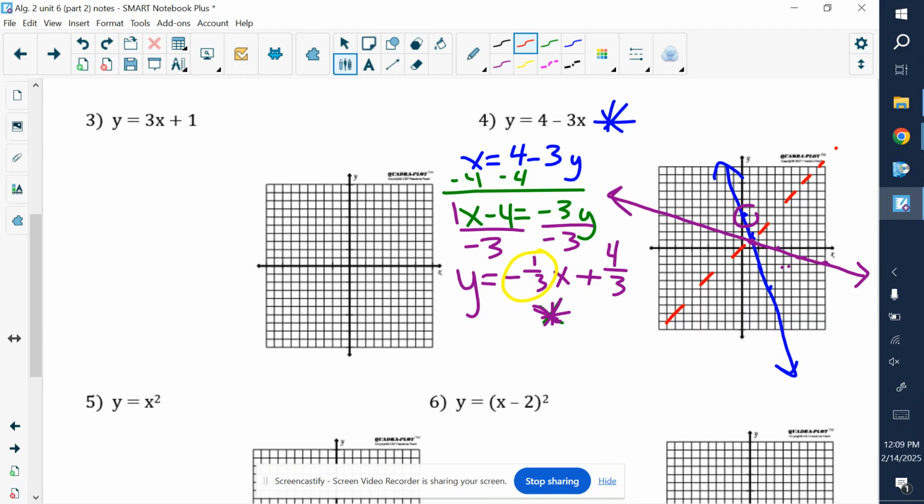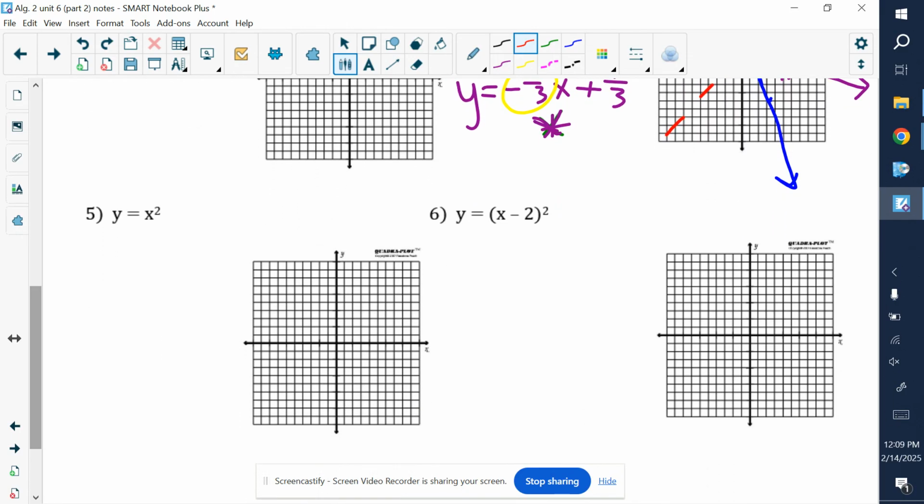The other one we're going to take a look at is number 6. What happens when your original graph is a parabola and you need to take the inverse of it? Okay, as you can recall, y equals x squared is our parent function. That's where we plotted 0, 0, and then we went over 1 up 1, over 2 up 4, over 3 up 9, and did a reflection on both sides.